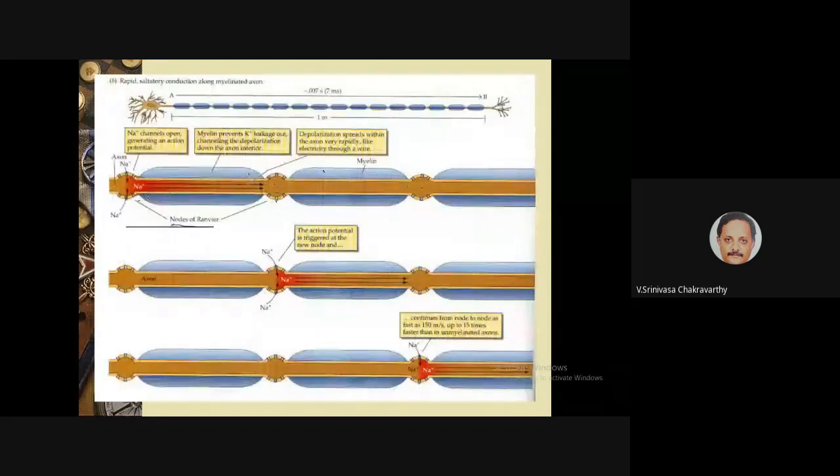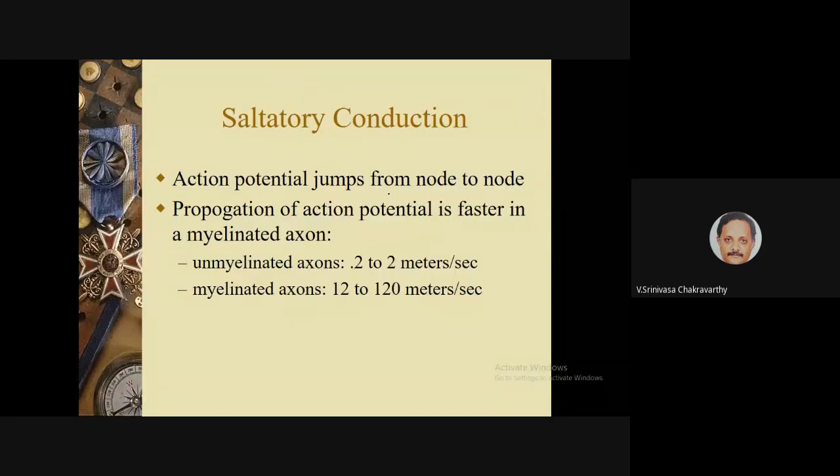And since this propagation occurs at a slightly non-uniform velocity, with rapid motion under the myelin sheath, a little delay in the node of Ranvier, again rapid motion under the myelin sheath, and so on, it looks as if the signal is jumping from one node to the next. Therefore, this kind of propagation is called saltatory conduction. Saltatory has nothing to do with salt.